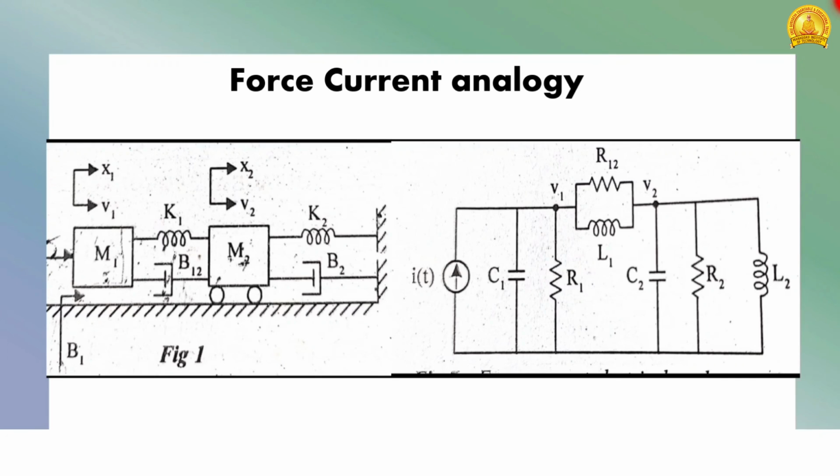Similarly, connect all the individual elements of mass M2 from V2 to the ground. The analogous component of M2 is C2, the analogous component of K2 is L2, and the analogous component of B2 is R2. Then connect these from V2 to the ground. Then we will get the force current analogous circuit. This is much simpler than the force voltage analogy. Thank you.